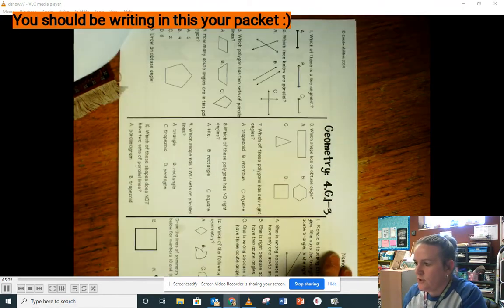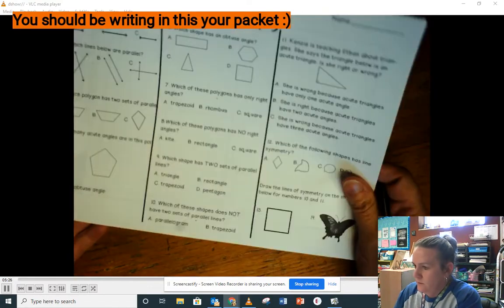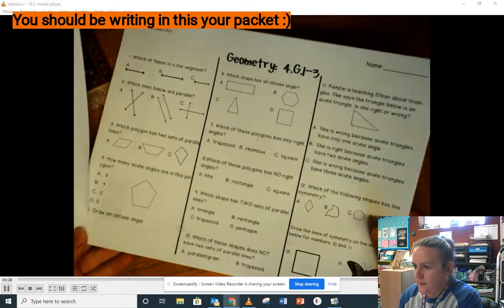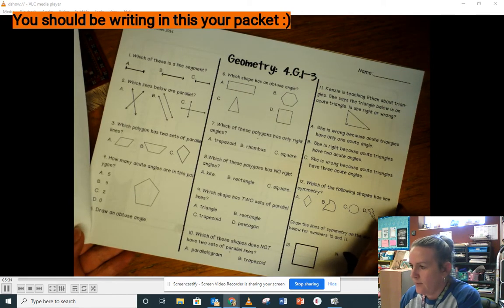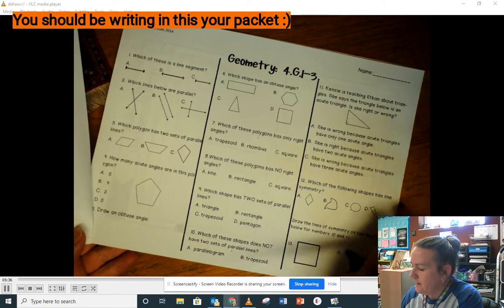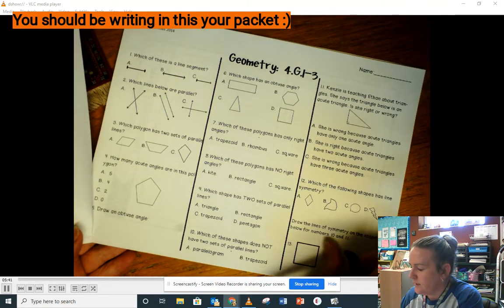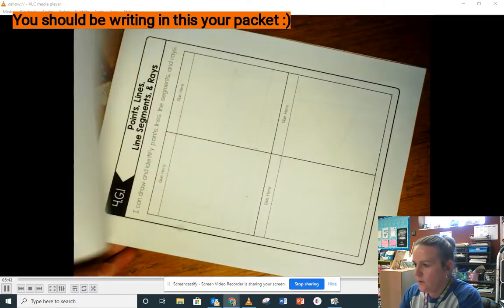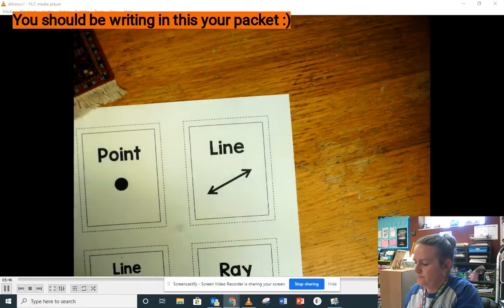The second page is a pretest. So when we are done today, you can take this test and see how comfortable you are with what you already know about geometry. And then we'll probably post this test on Google Classroom when we're all done with the unit. What we're going to focus on for lesson 2 is this page.